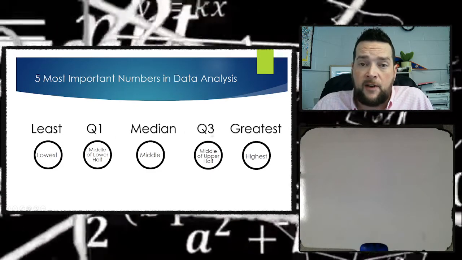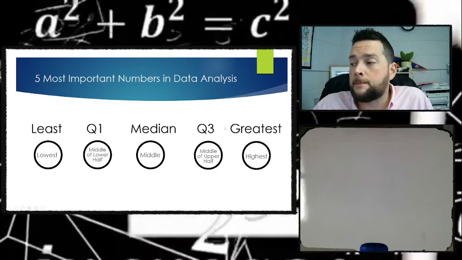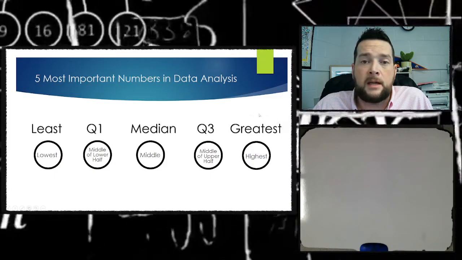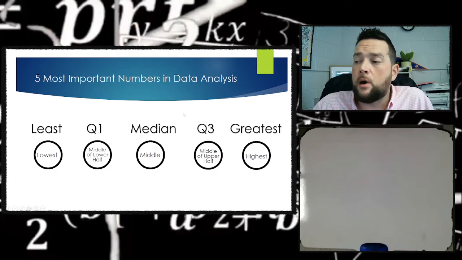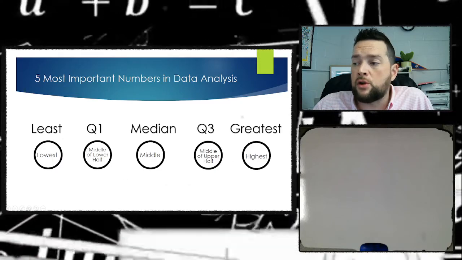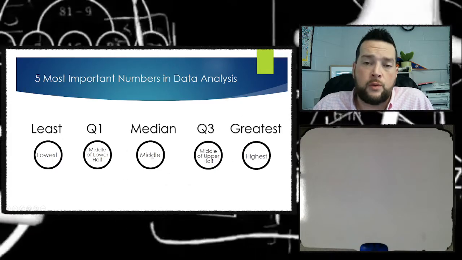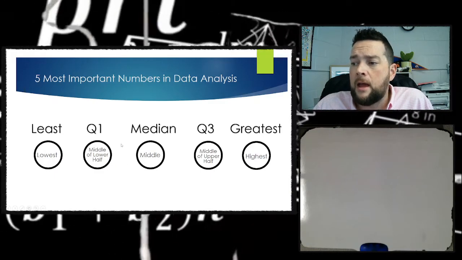Then 75% of the data would end at the Q3, and obviously 100% of the data ends at the greatest. So again, Q1 means quartile 1, Q3 means quartile 3. Q1 is the middle of the lower half, and Q3 is the middle of the upper half. That'll make a lot more sense when we start working with this.